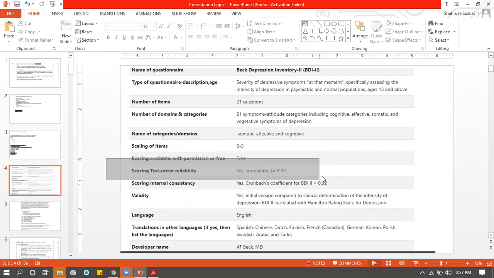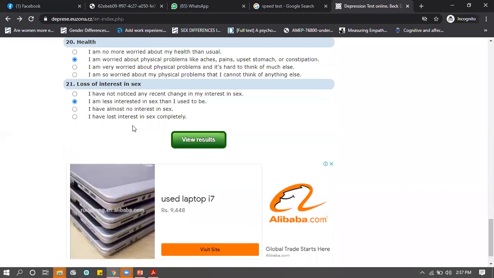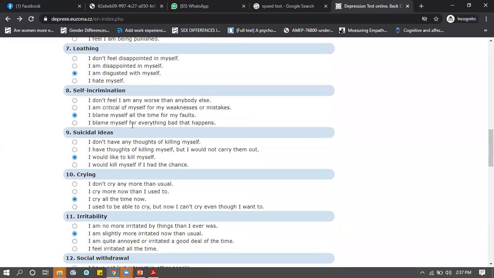Test-retest reliability. See, if I do this BDI on you and I get the score 36, and if I do it again, let's suppose 2 minutes afterwards, I'm supposed to get the score 36 or 34 or 35, not 40, not 20, somewhere around the score that I got originally.